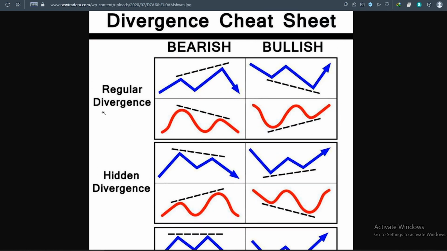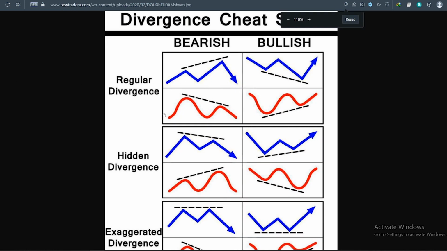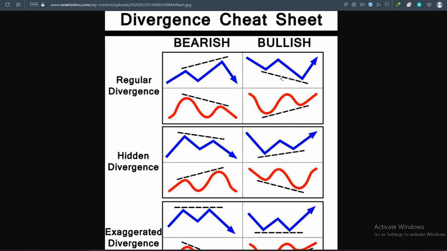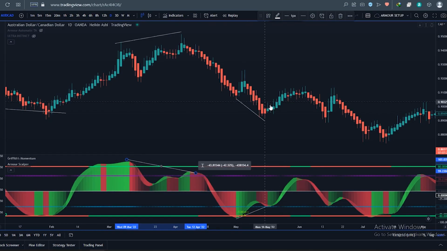I was talking about this one and this one. Regular divergence, just like I showed you. Regular bearish divergence, when price goes down, it's like this. That's a regular bearish divergence. And regular bullish divergence, just like I showed you: price makes a lower low, scalper makes a higher high, price goes up. See, easy.